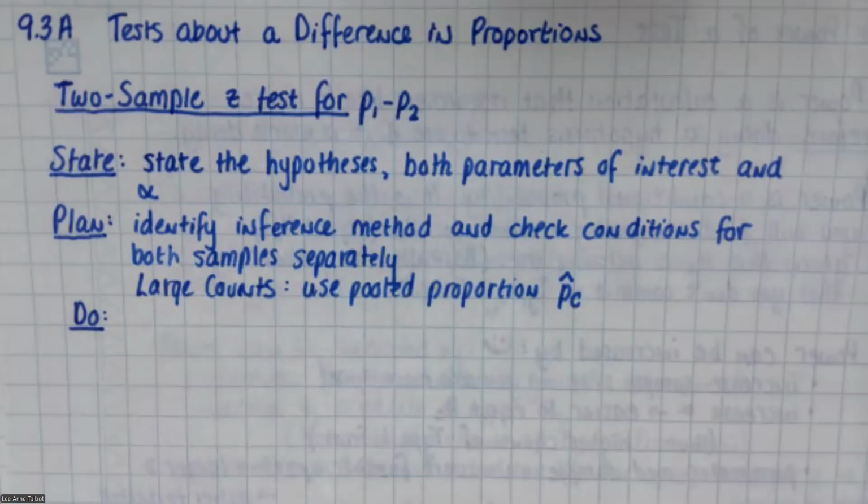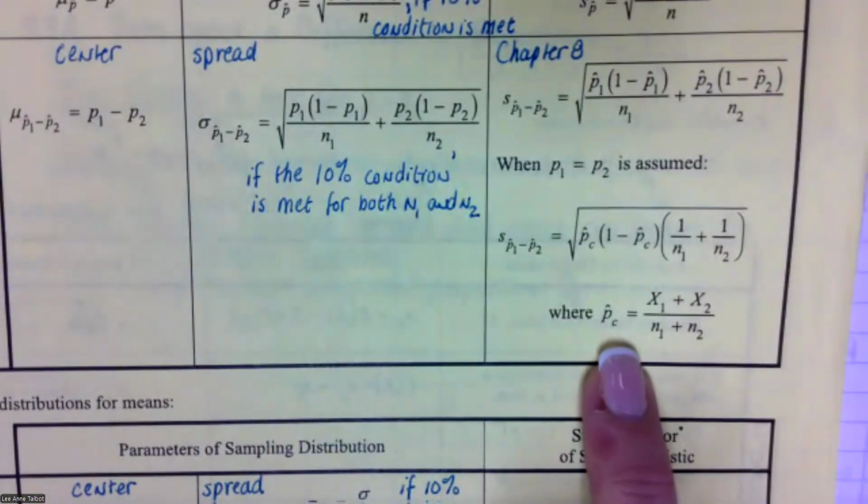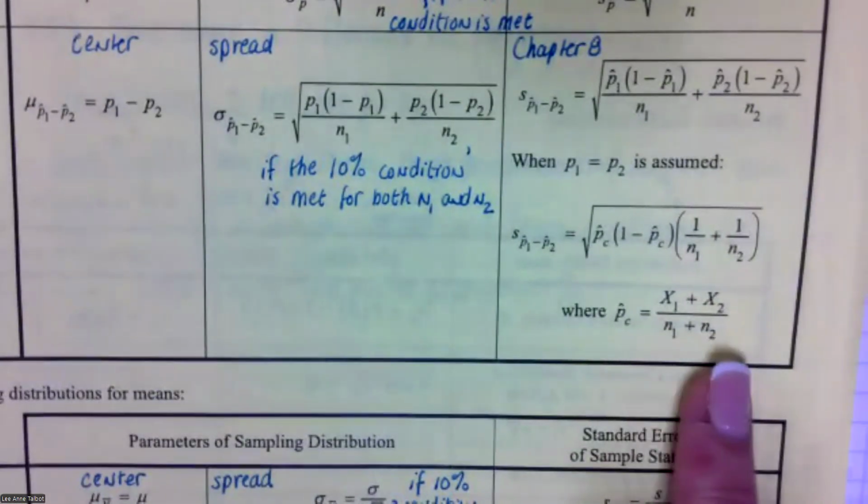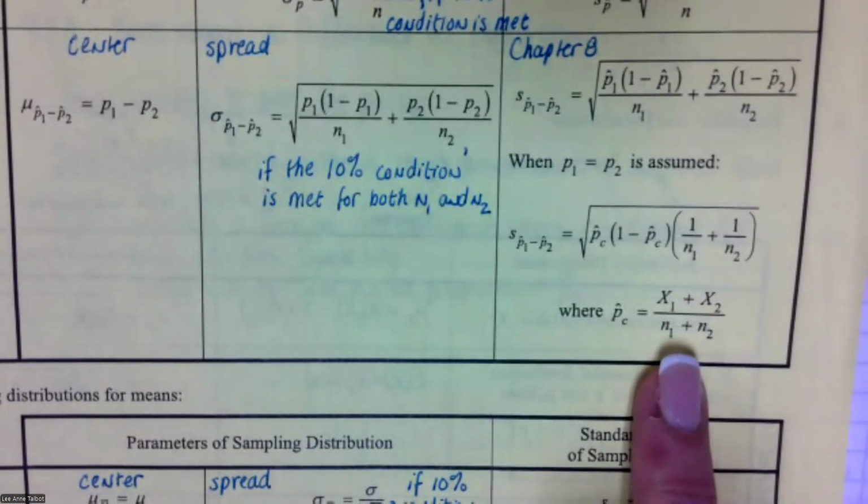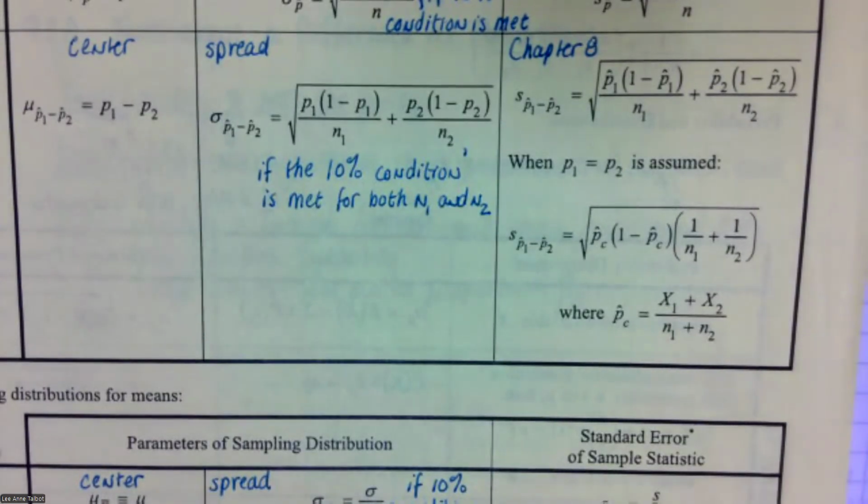If you look at the back of your yellow sheet on the very right side at the top, you'll see a calculation for p hat c, which is right here. And this is what you use for large counts. So just hold on to that.